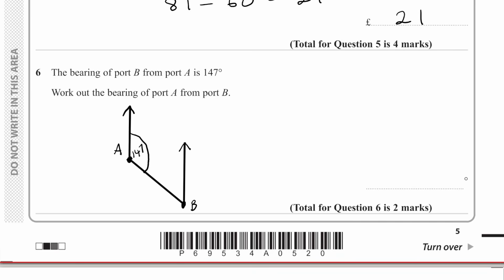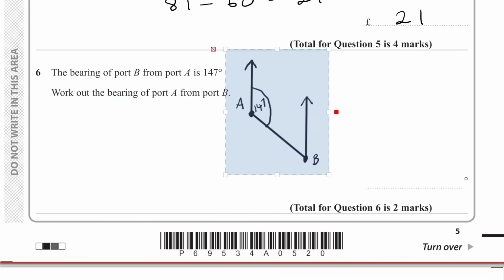Work out the bearing of A from B. So we want to get to A from B, and a bearing is always measured from north. To help work it out, we can work out this angle, which is a co-interior angle.